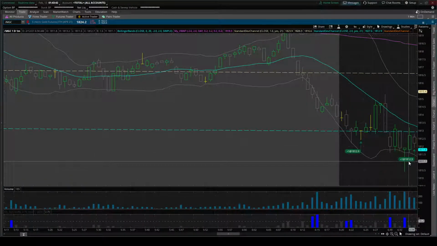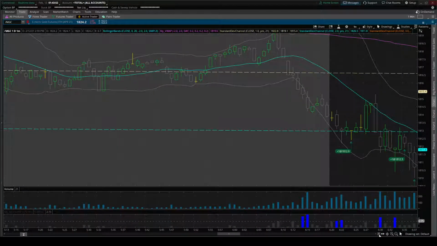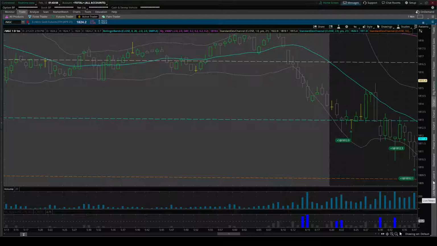Okay, added another contract at 12.3, so right in the center of this candle, added one more. Scroll up. Added one more contract here at 10.1.